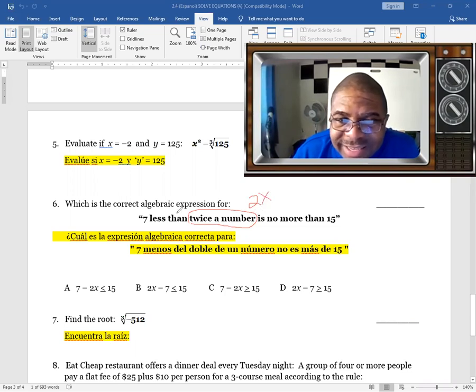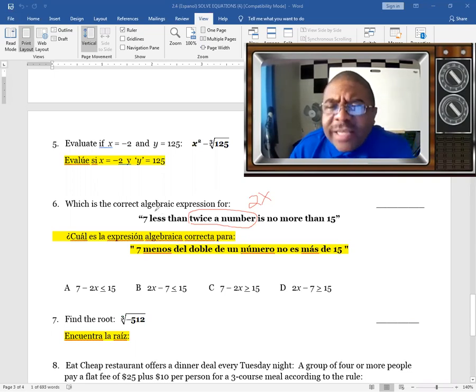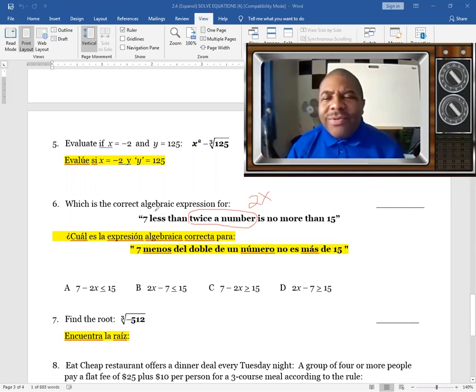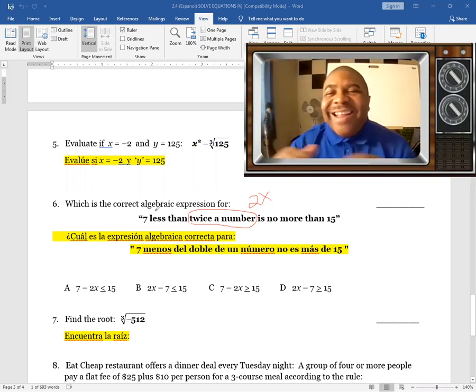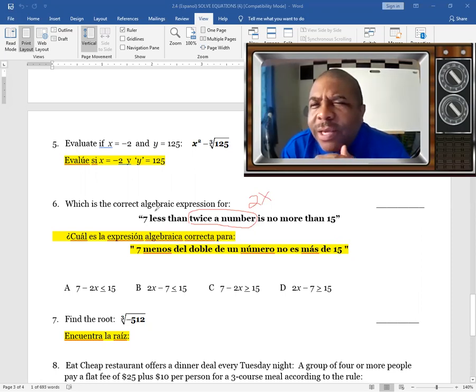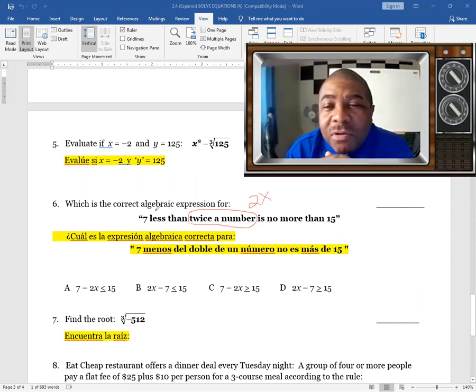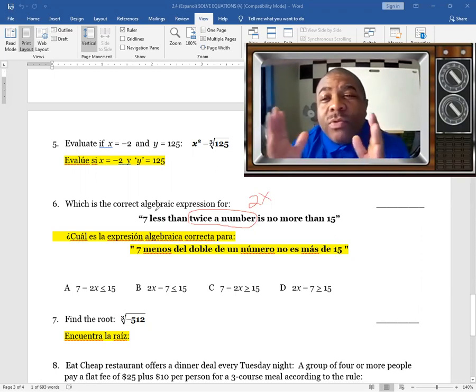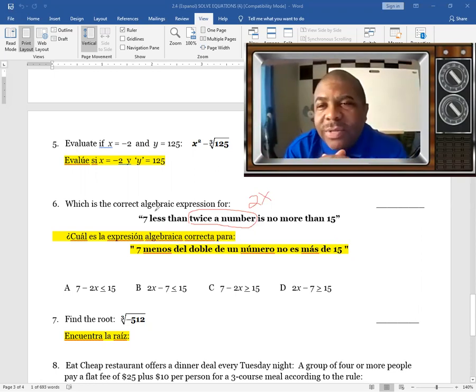All right. 7 less than. So if I'm 20 years old and I say, oh, my wife is 2 years less than me. If I'm 20, 20 minus 2, we get to 18.